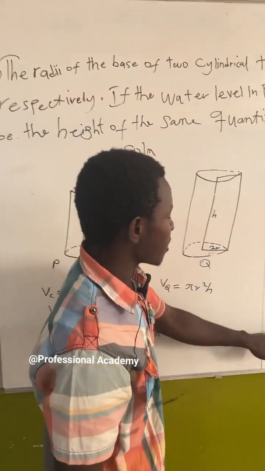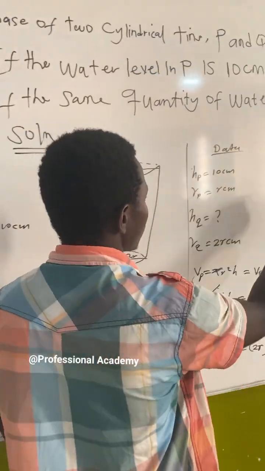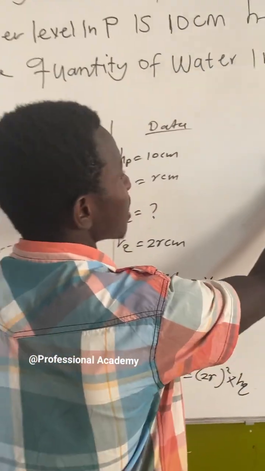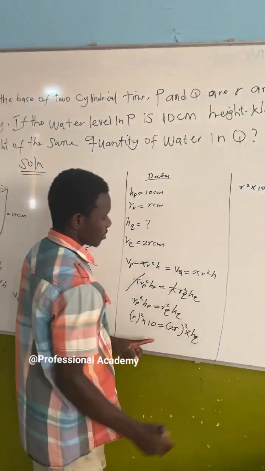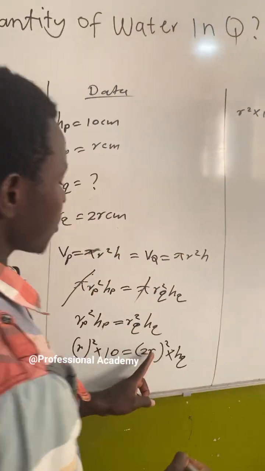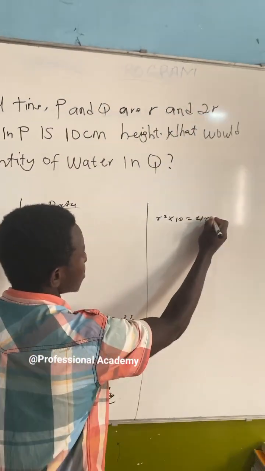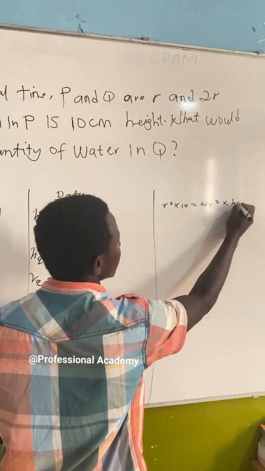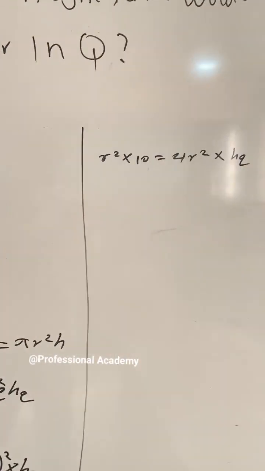So r squared times 10 is equal to 2 squared, which gives 4, and r squared, times hQ, the height of Q.